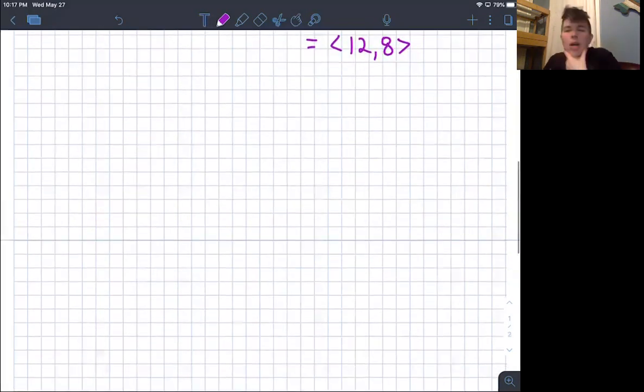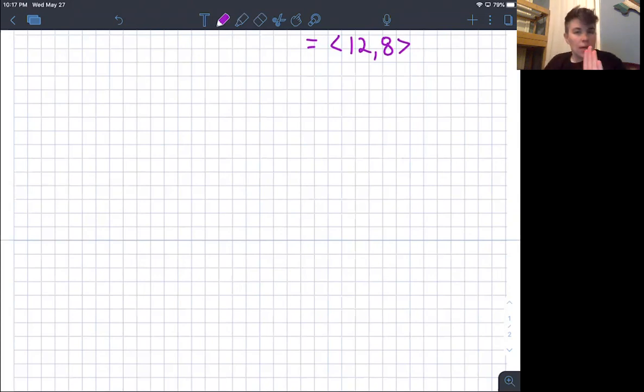Now, let's talk about adding and subtracting vectors. If we were in real school, we would be doing this geometrically, on a graph, and diving into something called the parallelogram method. You are not going to need to know how to do this.